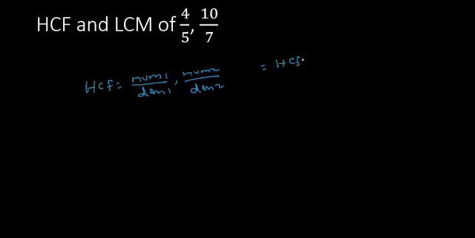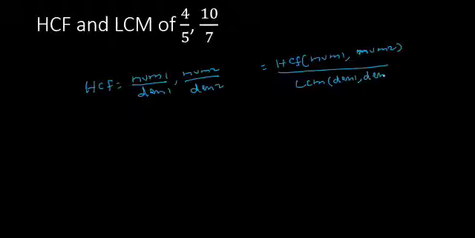The answer will be the HCF of numerator 1 and numerator 2, divided by the LCM of denominator 1 and denominator 2. So that is the answer. Find the HCF of numerators divided by the LCM of denominators.